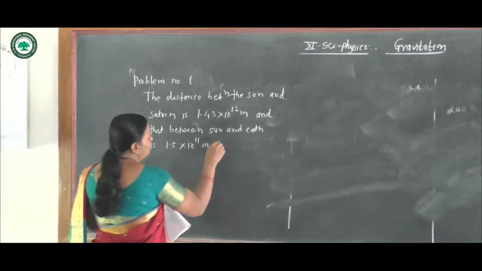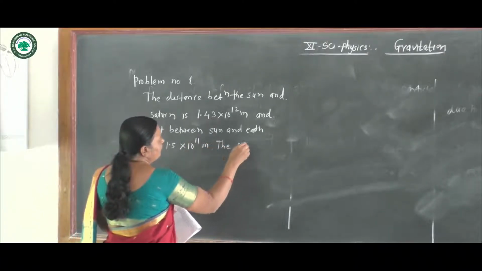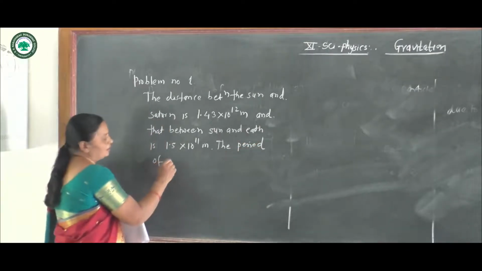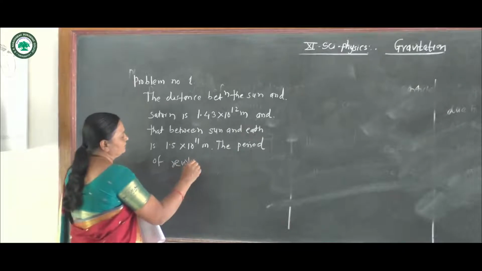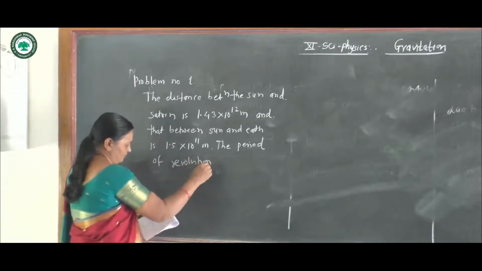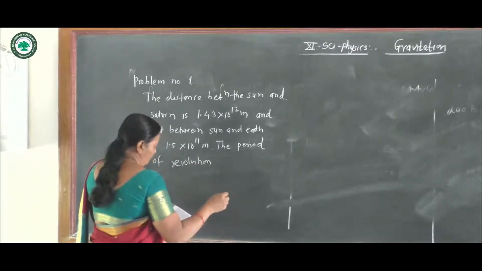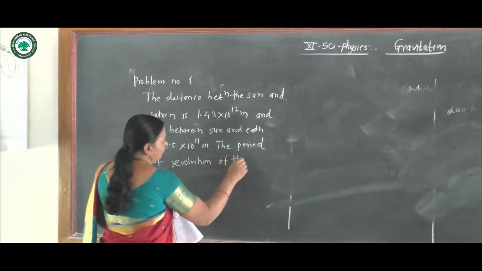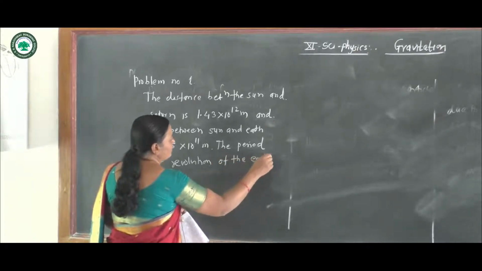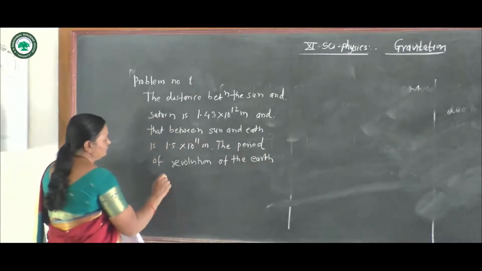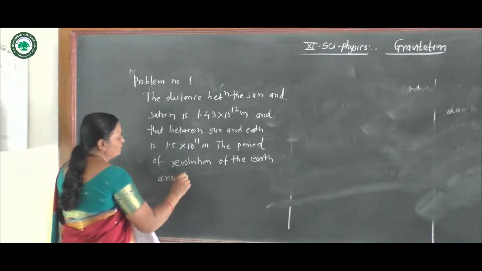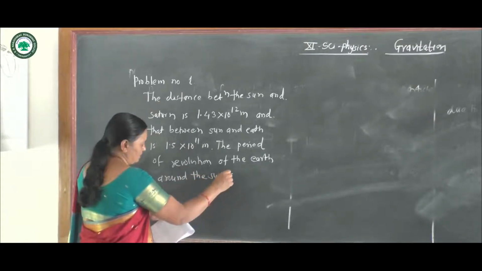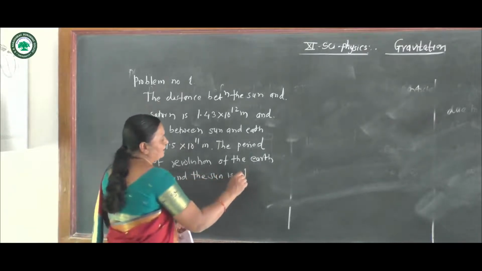The period of revolution of the earth around the sun is 1 year.